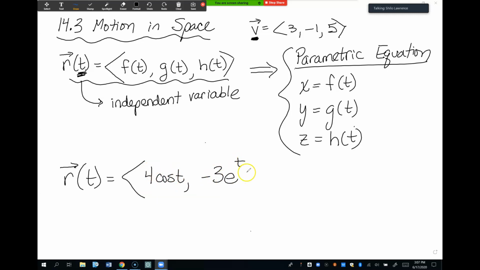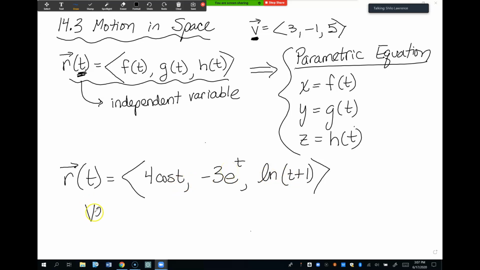So one example of what this might look like, we could have <4 cosine t, -3 e to the t, and natural log of t plus 1>. This is an example of a vector valued function. It is a vector because we're listing out components for x, y, and z inside of our triangular brackets, but it's a function because each of those components has a variable.